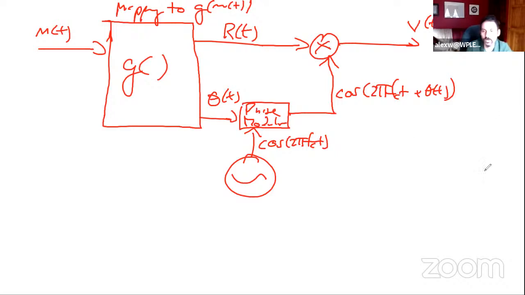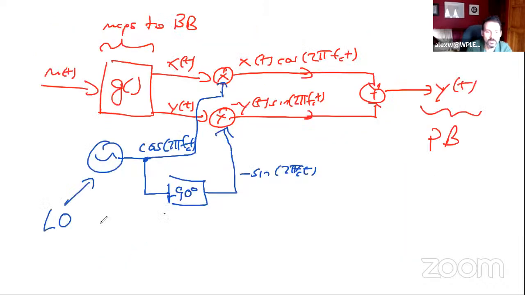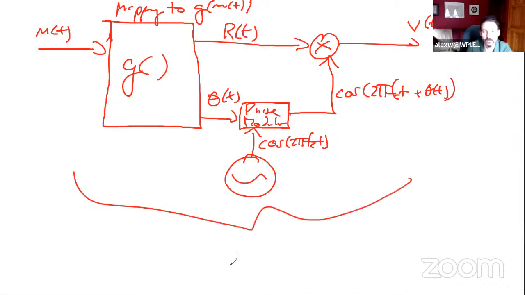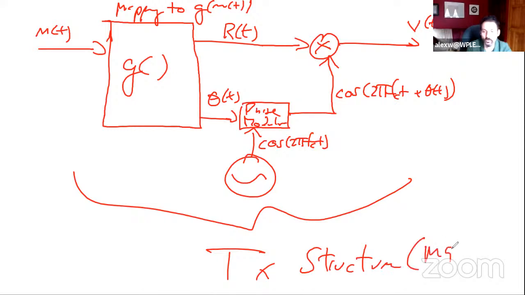Okay, so that is the other transmitter structure. So this is the TX structure where we have an in-phase and quadrature representation. This here is a transmit structure where we have a magnitude, mag phase representation.